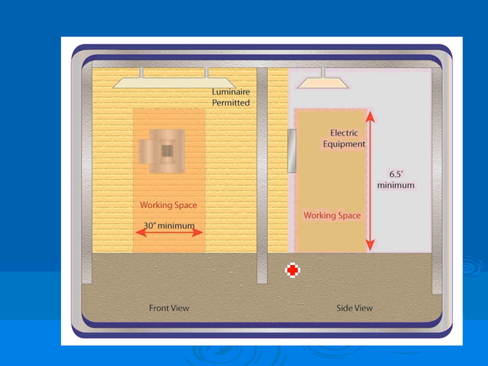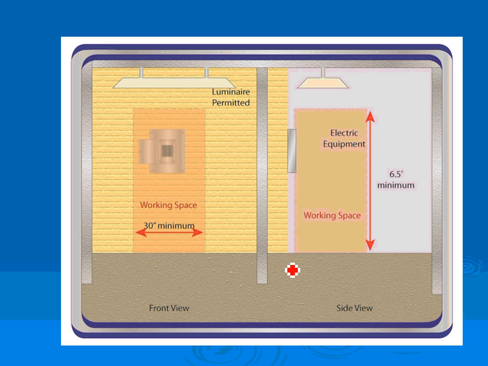Why do we have the workspace? Not only to work; this is workspace for working energized. Working de-energized, the space is as small as you feel comfortable. But these are for working energized, or testing equipment, or racking circuit breakers.